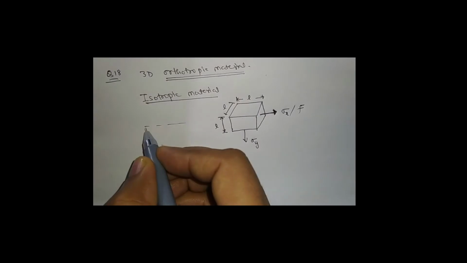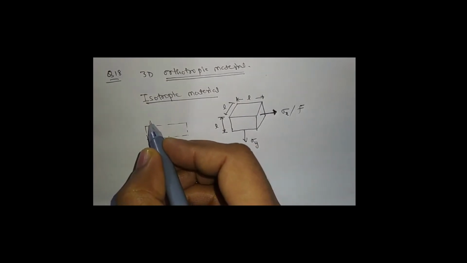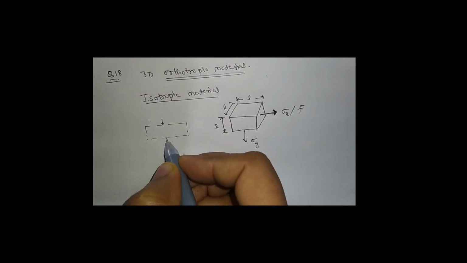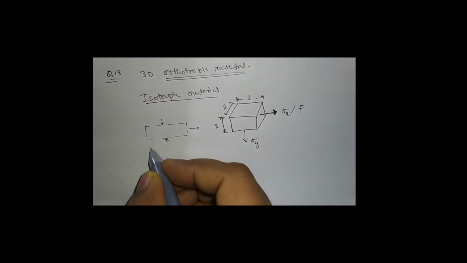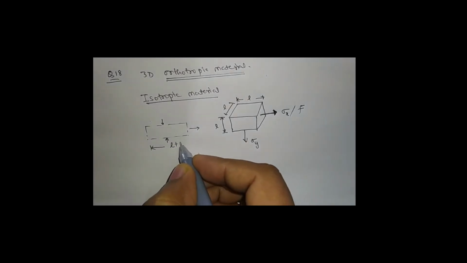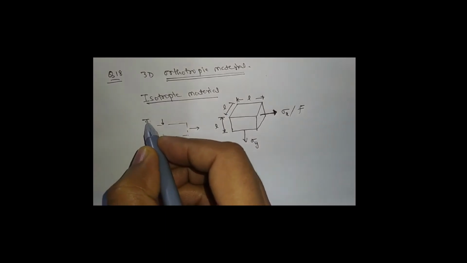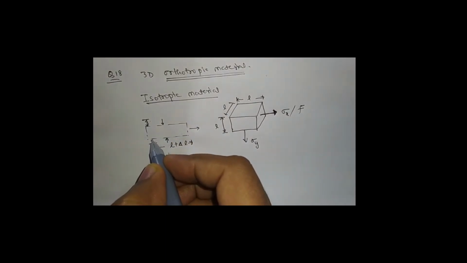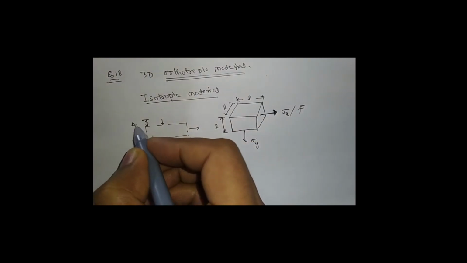It will elongate in the X direction, and there is a reduction in the transverse dimension. Here the length will increase by, let's say, del L, and there is a reduction, let's say del Y.